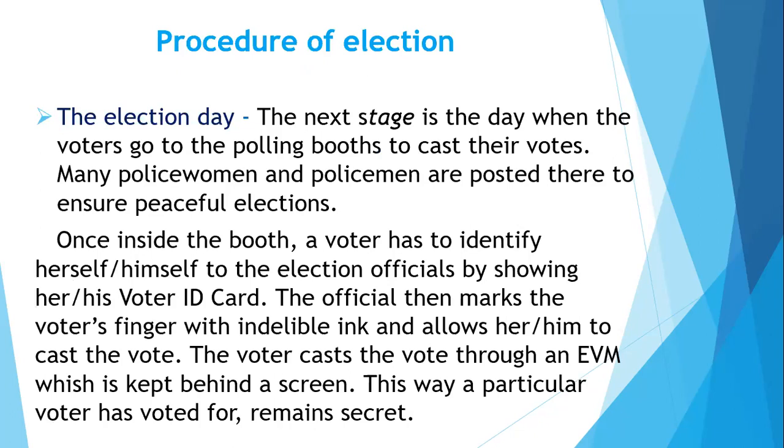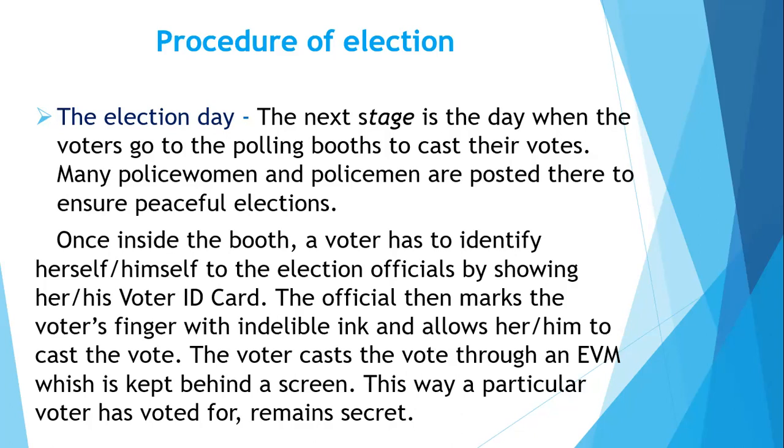The election day. The next stage is the day when the voters go to the polling booth to cast their votes. Many policewomen and policemen are posted there to ensure peaceful elections. Once inside the booth, a voter has to identify herself or himself to the election officials by showing her or his voter ID card.